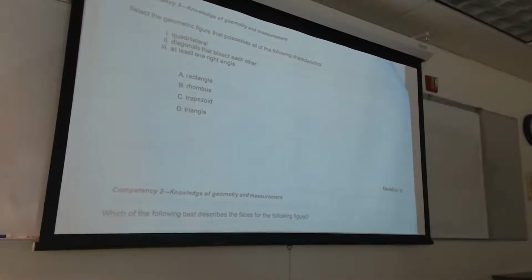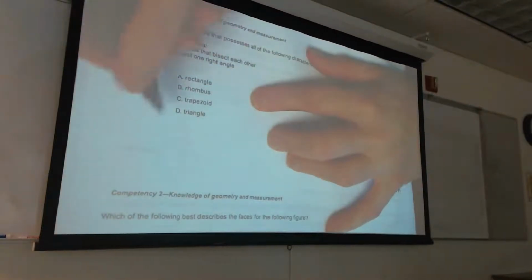All right, number 10 also is talking about the geometric figures again. Okay, so we have to figure out this one. We have a quadrilateral, so how many sides does it have? 4 sides. Are all of those quadrilaterals? No, we can get rid of triangle right off the bat. Triangle is not a 4-sided figure. Diagonals that bisect each other.